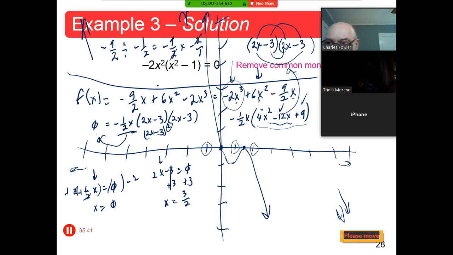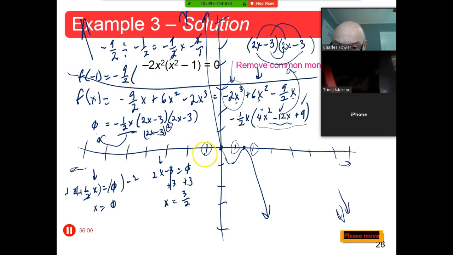So let's plug in a -1. F of -1. That would be minus 9/2 times what you put there. That's what your x is, right? X equals -1. -1. You see?